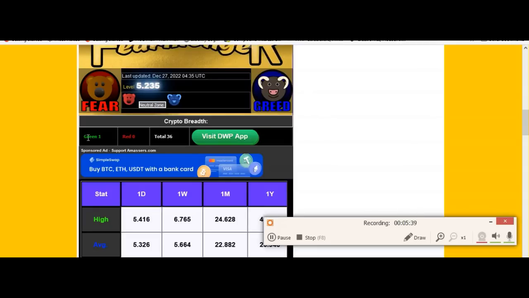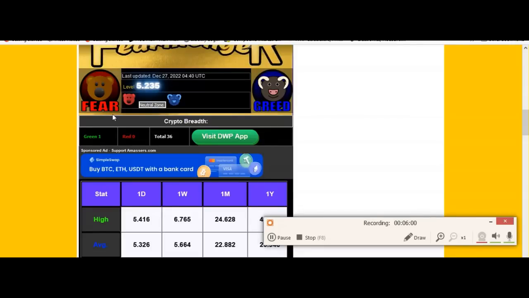Anytime I see the breadth tilted like that, that's when I like to come in. If I see it overly bearish, with that extreme tilt, I like to be a buyer. If I see it overly bullish with that extreme tilt, I like to be a seller. I like to leave then.